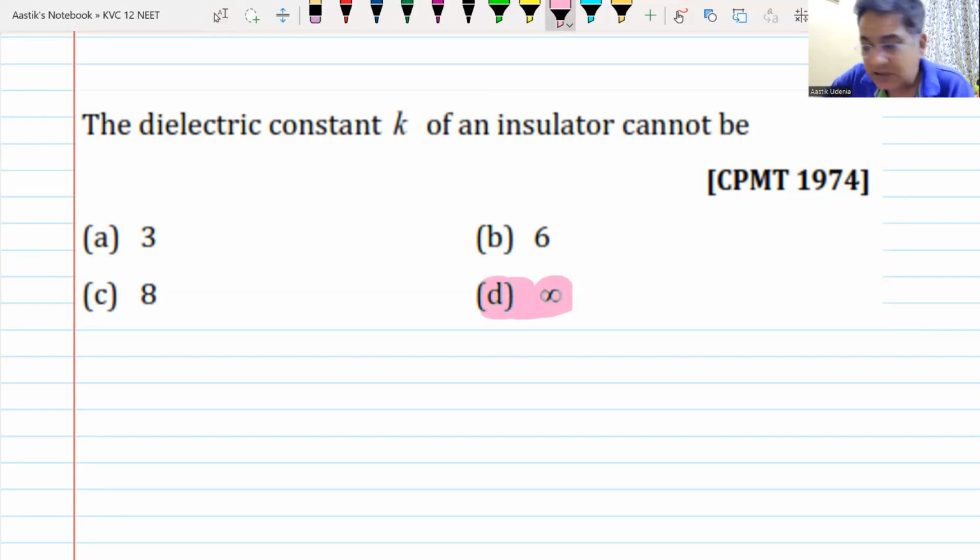Who has got the dielectric constant K as infinity? What do we call them? For which body is the dielectric constant infinite?